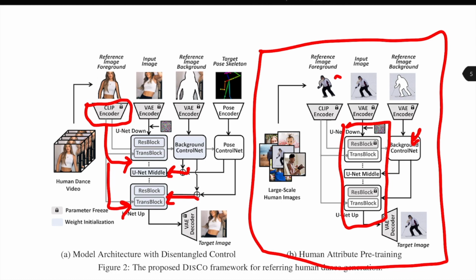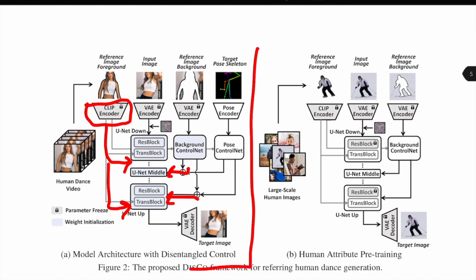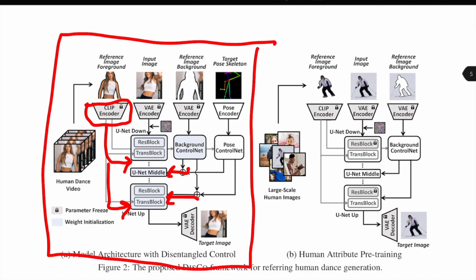The next section that is now done after you have this is you go back to the main disentangled architecture here and use whatever pre-training you had from the right, the human attribute pre-training, and use those as the weight initializations for the background control net and the Stable Diffusion net here. By doing this, and then allowing you to do the training, you train mainly the pose encoder and pose control net.